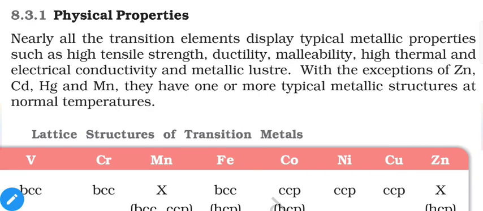Second, ductility, that means you can create wires by stretching the metal. Malleability, that means by hammering it or applying pressure we can create thin plates. Then high thermal and electrical conductivity, we know what it means, and metallic luster, that means metallic shine. When we cut a metal piece, the freshly cut surface will appear shiny in nature.